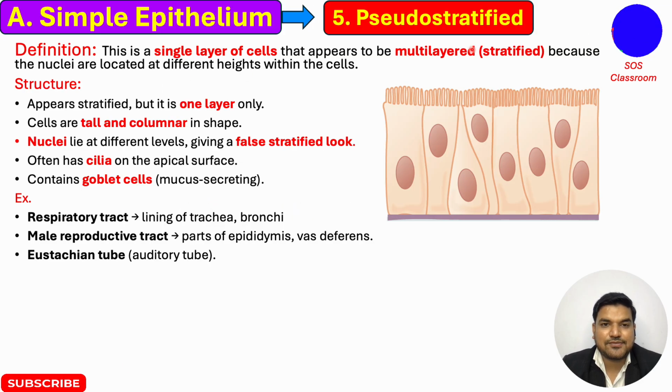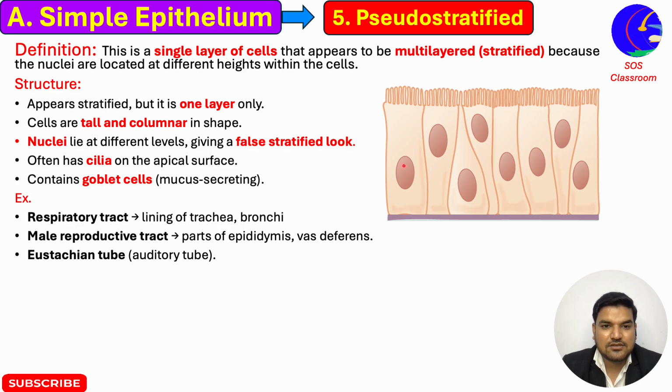Next is the pseudostratified tissue. Pseudo means false. So this is a simple epithelium that looks like stratified because of its length, because its nuclei are not situated in the same manner. This is a single layer of cells that appears to be multilayered because the nuclei are located at different heights within the cells.